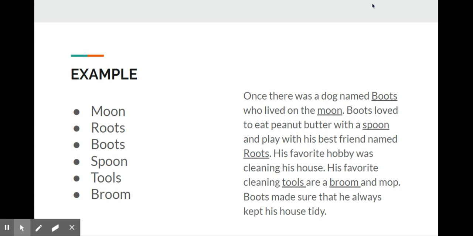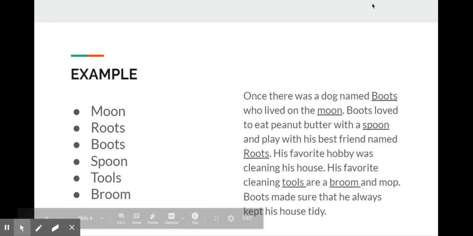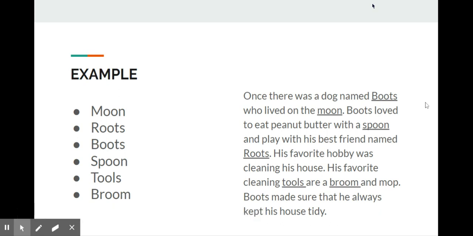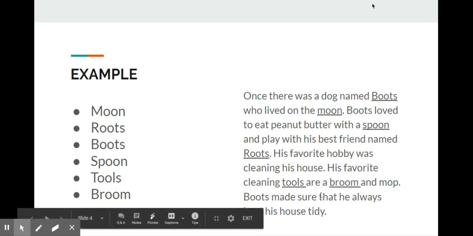So if you see on my story here, I underlined all of my vocabulary words in my short story so that I could see where I used all of my words and to make sure that I did use all 6 of my words. So this is just an example that I wanted to share.